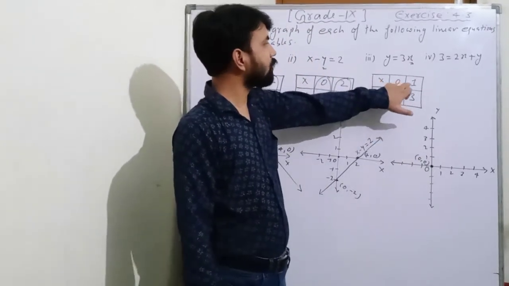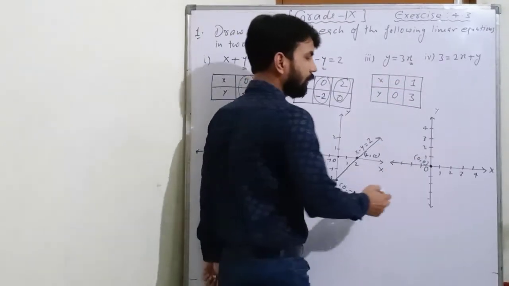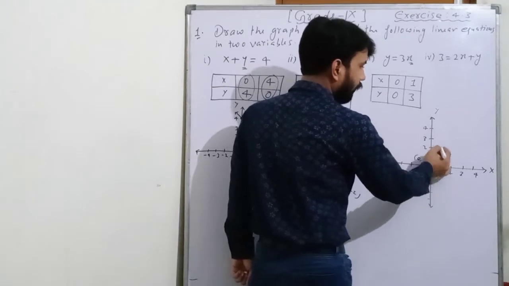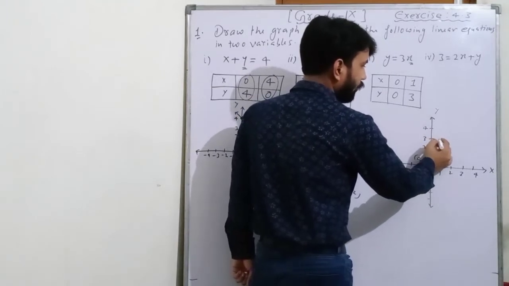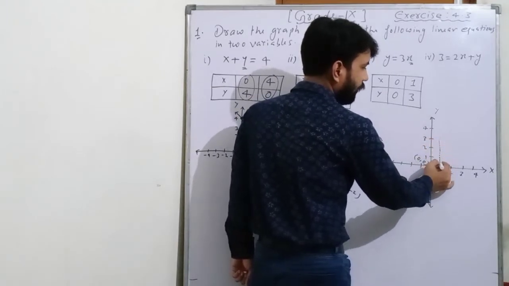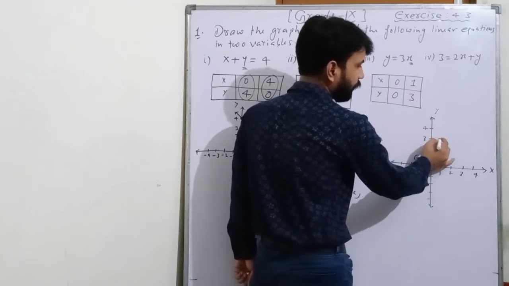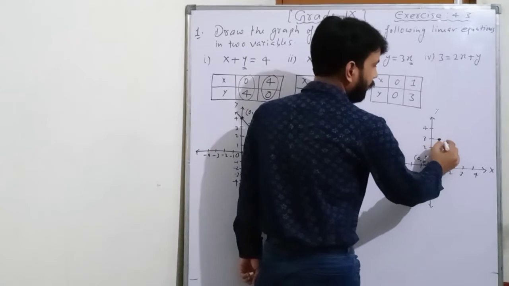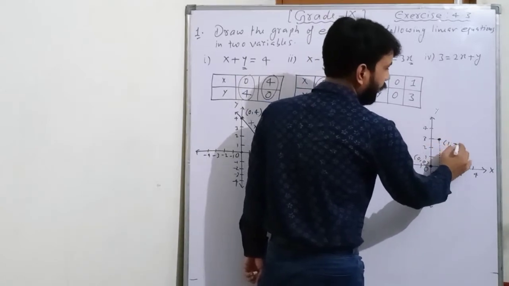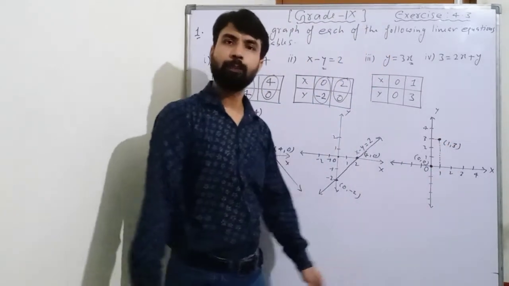Second point is x 1 and y 3. But x 1 is here and y 3 is here. So this will be the intersection point of x 1 and y 3, means this point. Clear?